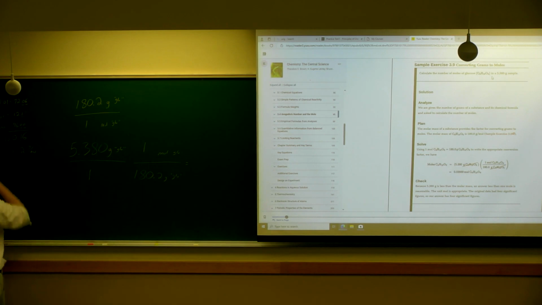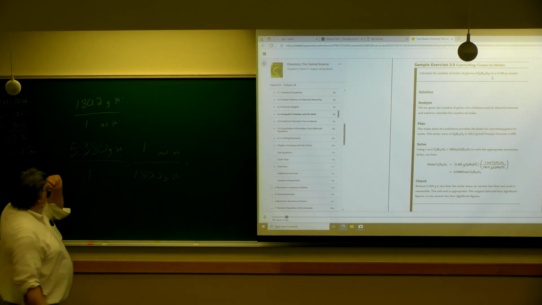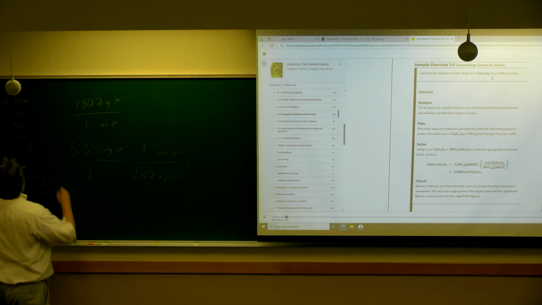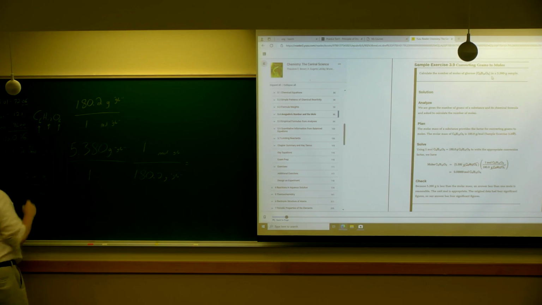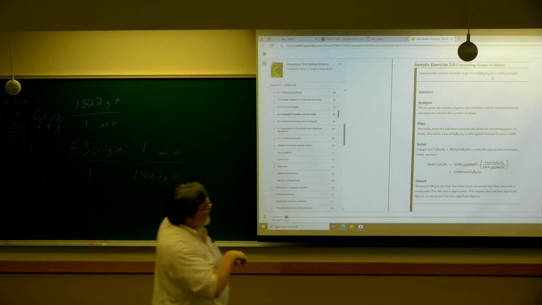So when you say 12.01 grams to 1 mole for carbon, the 1 mole is exact. And these are your significant figures. These are exact as well. Those types of numbers are exact as well. Okay.